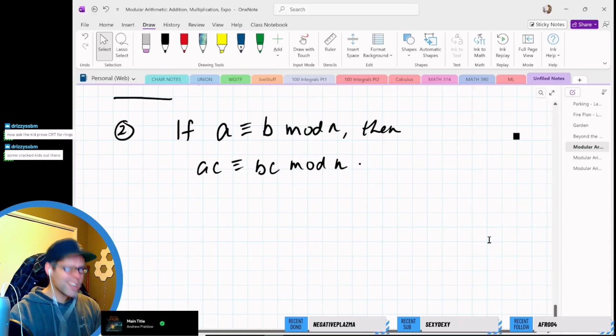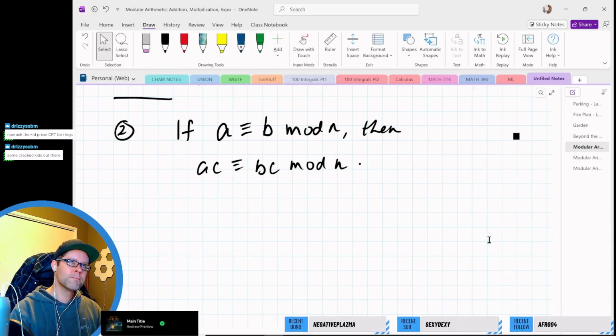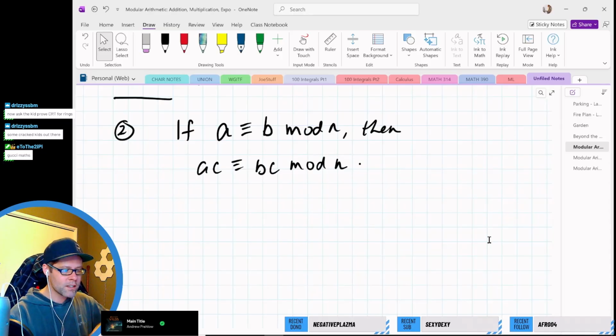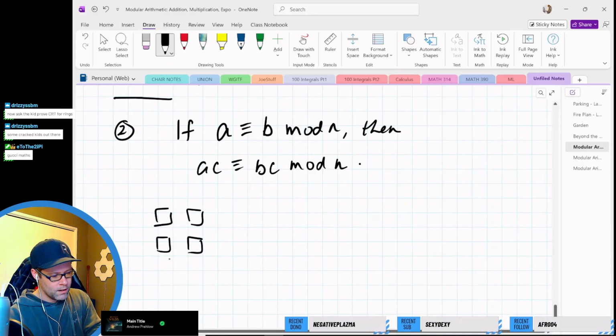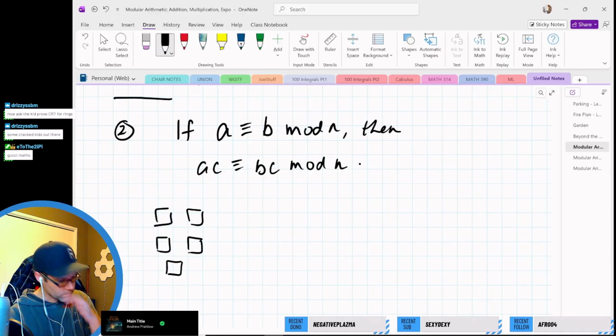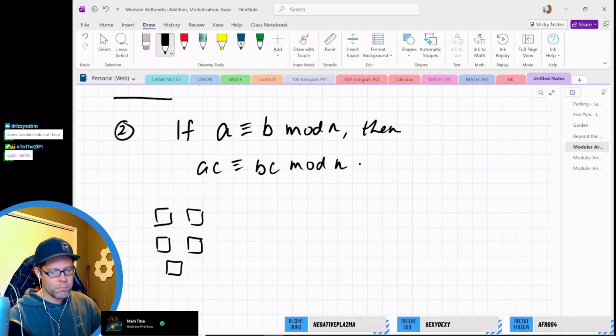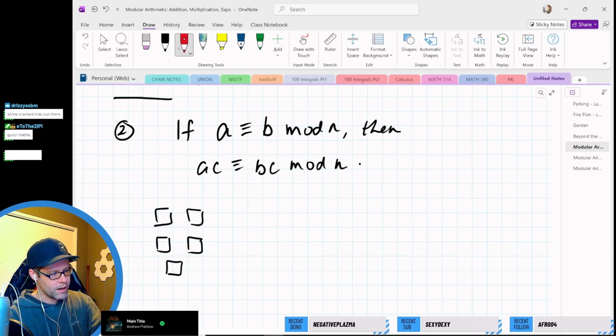Does this one feel obvious? This one kind of feels obvious to me. Let's say we start with something that makes sense. Let's say I start with 5 objects, and we're working with division by grouping by 3. So let's say we're in a grouping by 3 environment.